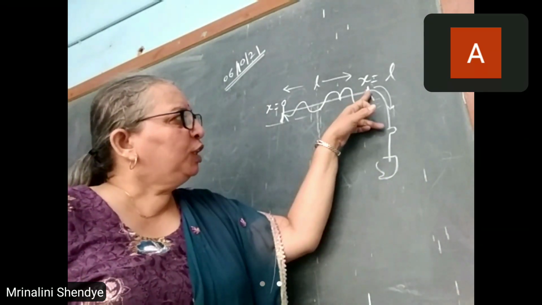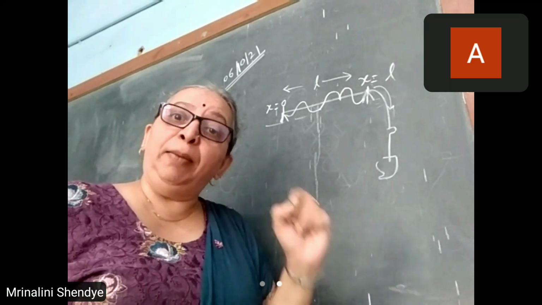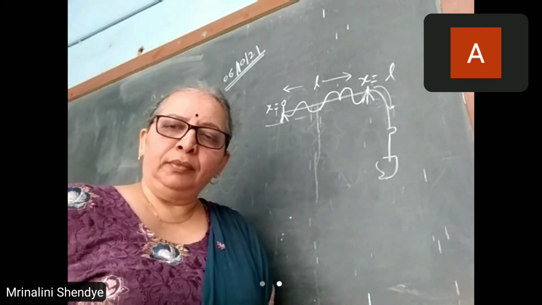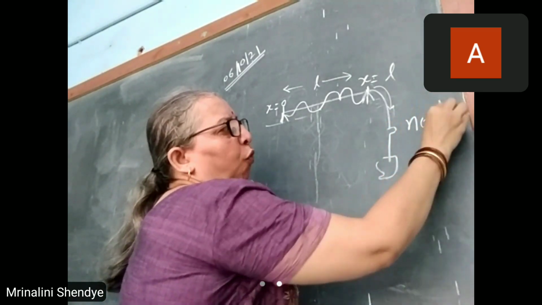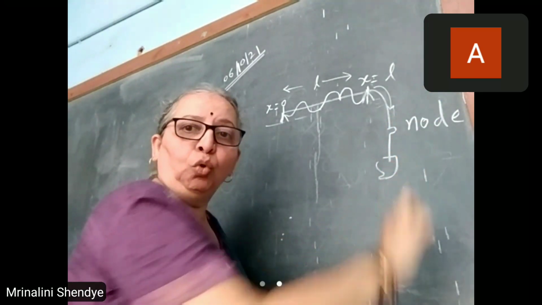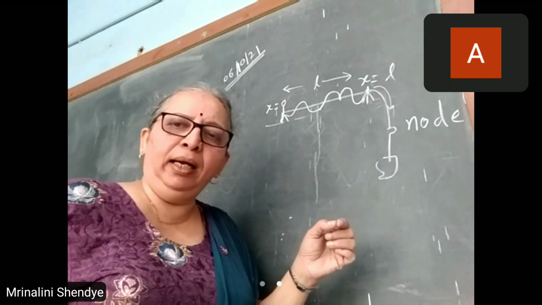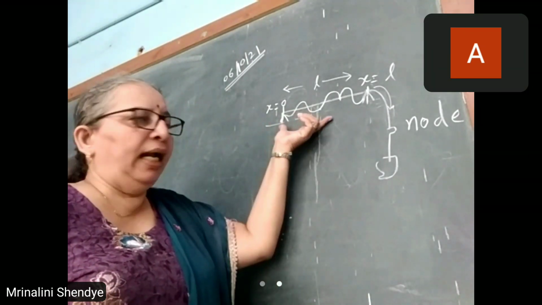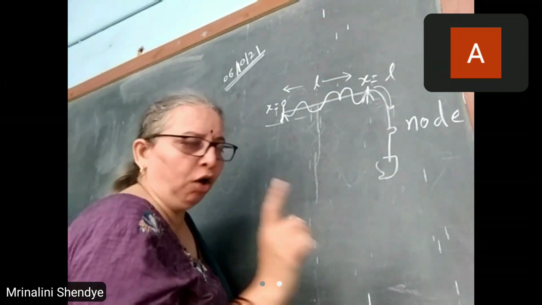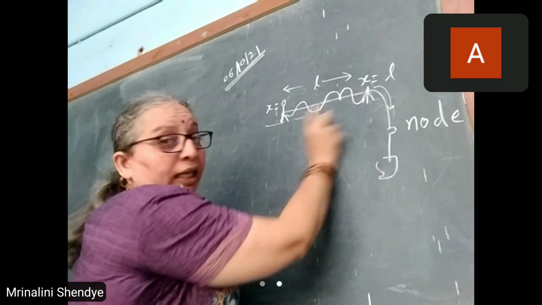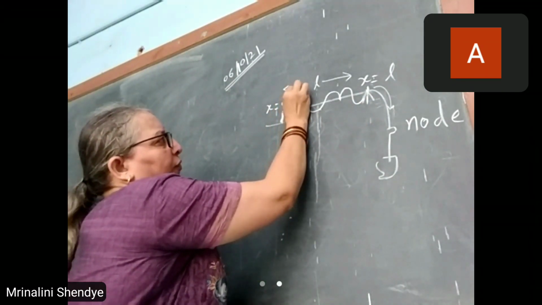The displacement of the particle at these nodes should remain 0, and when displacement is 0, there should be formation of nodes. So the boundary condition to be satisfied is that to set this stretched string in vibration, nodes should be formed at both rigid supports, and the wave will get reflected back.